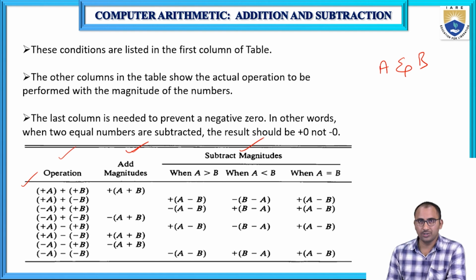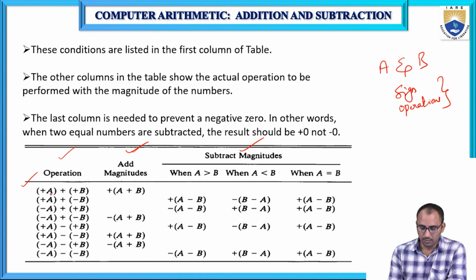Based on the sign and based on the operation they perform, in total we need to consider 8 different combinations. So let's see. The first one is plus A plus B. Here all the different registers we have specified with different signs.